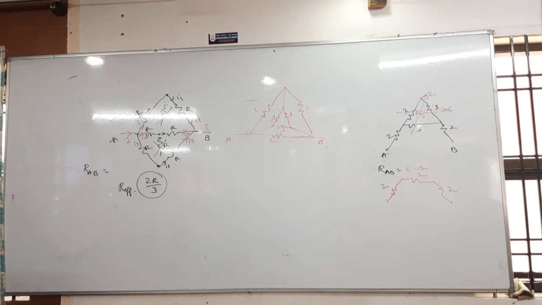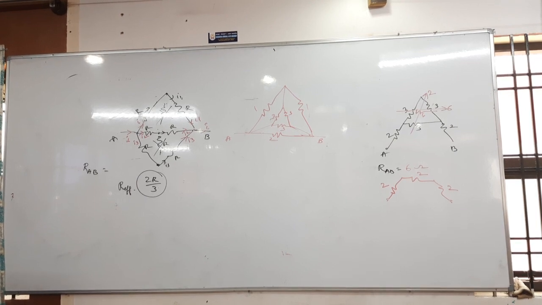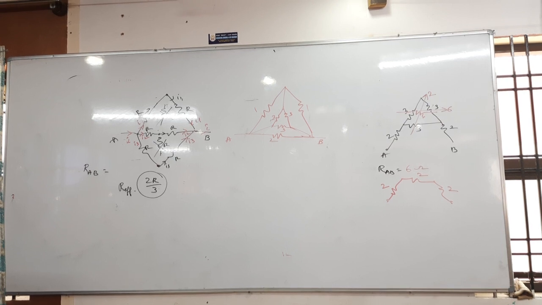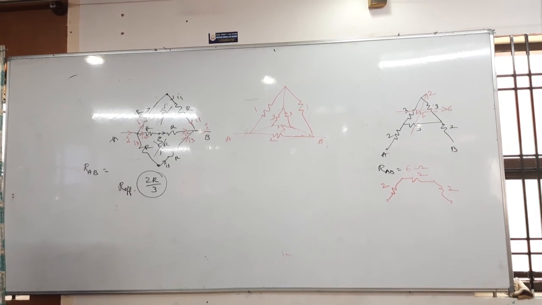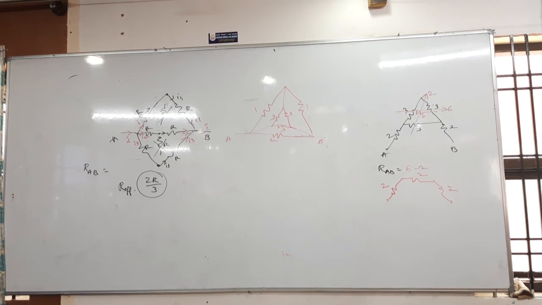What is the answer? 2 by 3R is the correct answer. You have to see the current mapping, otherwise you cannot understand.